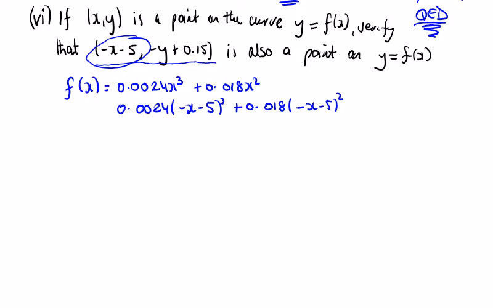I'd square these off to the side. You could probably square this out now, 0.024, do it on a bit of rough work off to the side. Minus x minus 5 to be squared is x squared plus 10x plus 25.